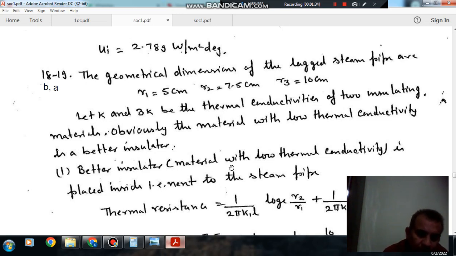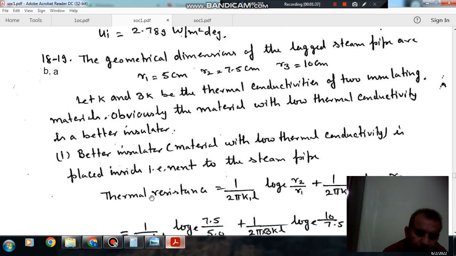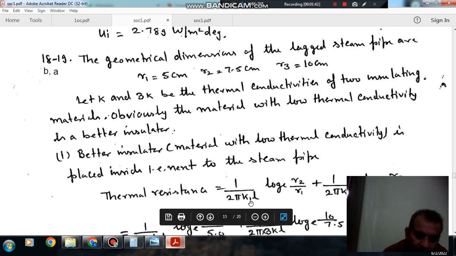Suppose now the better insulator is placed inside, next to the steam pipe. Then the thermal resistance will be 1 by 2 pi K1 L log R2 by R1, where K1 is K, the better insulator.